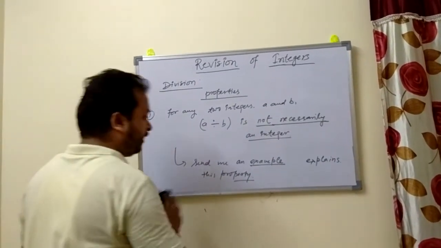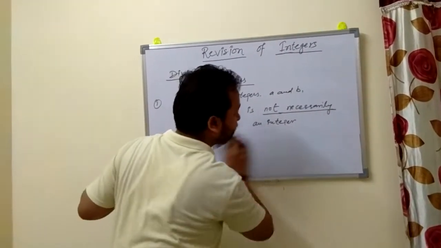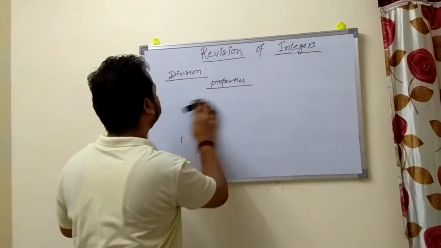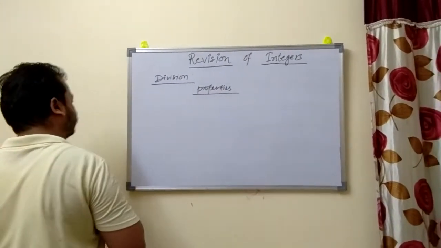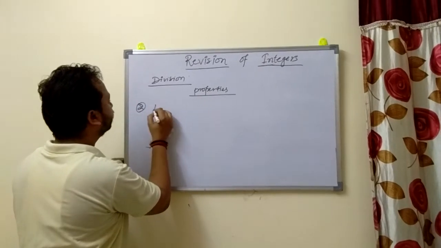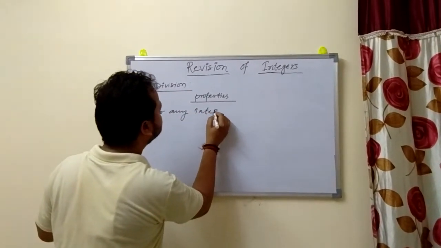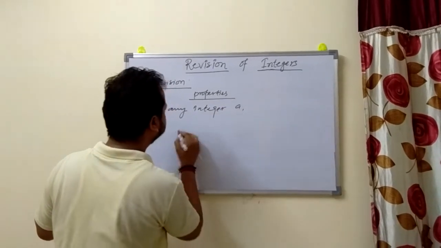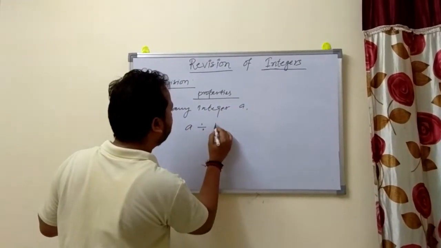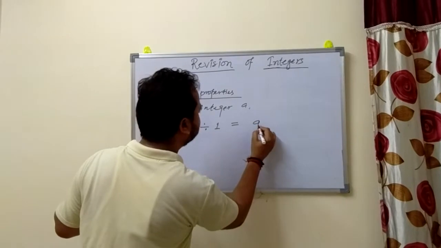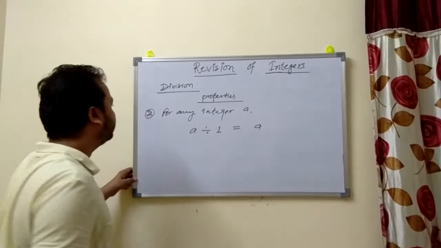Come to second property. For any integer a, a divided by 1 gives a. Right?